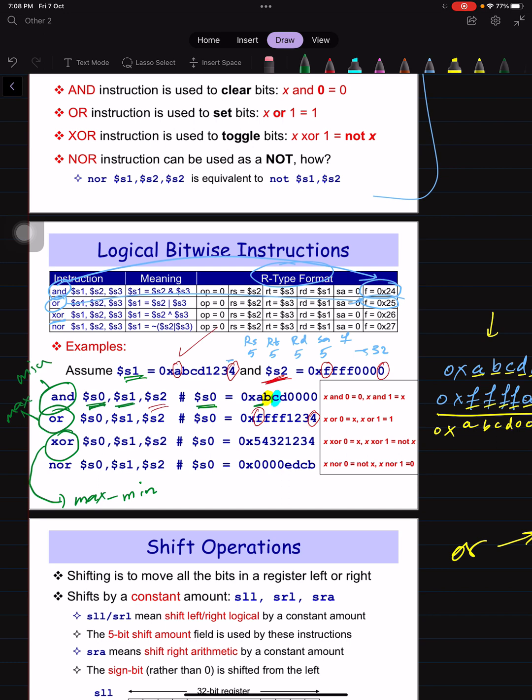Let's take a quick example. So we have A and we have F. What is the maximum in here? The maximum is F. And what is the minimum? The minimum is actually A. F is actually 15, translated to decimal. A is actually 10, translated to decimal. This is equal to 5, that's why we put 5 in here.